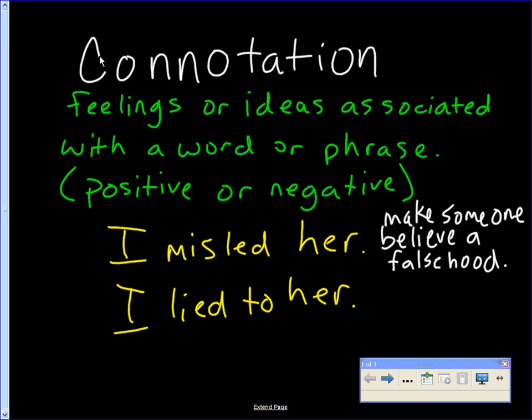There you go. Right? Does that seem to work, Kamira, as a definition of mislead? Bryce, what's the definition of lie? To withhold the truth. Is that basically the same definition as what I have up there for mislead?